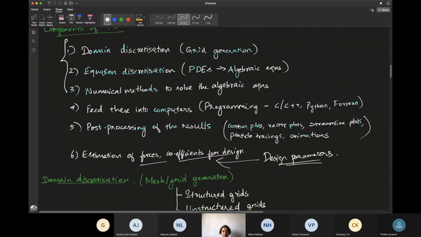The design parameters will go into the equation itself. So in the PDEs you will have the design parameters. In the equation discretization, you will eventually convert those into algebraic equations.